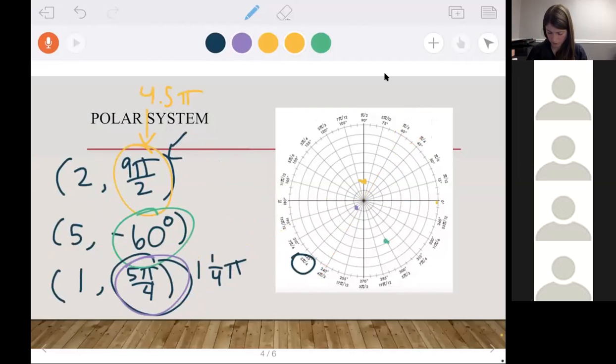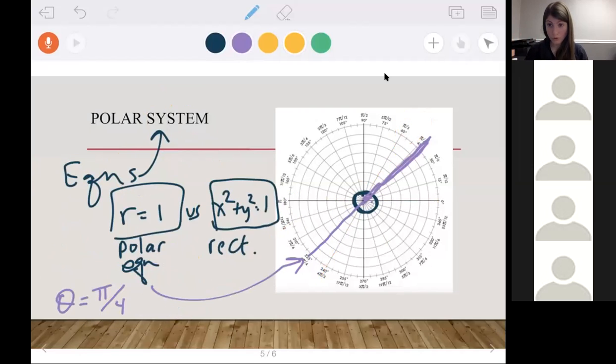So circles are easy, lines are easy, but we're also going to see things like curves and loops, kind of like with the parametric equations, that polar equations get fun. They give us cool graphs that are simple in polar form and really complex in the rectangular system. So let's just pop over to Desmos.